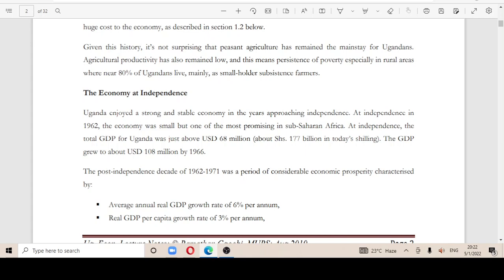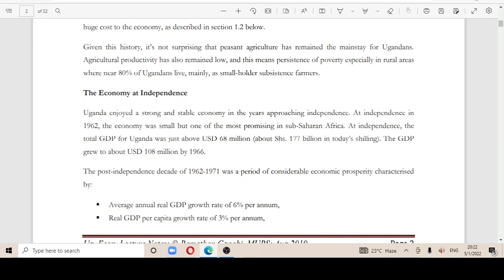So at independence in 1962, the economy was small but promising in sub-Saharan Africa. The total GDP was above 68 million US dollars, which is roughly 177 billion today in shillings.